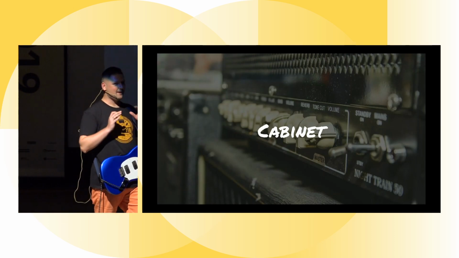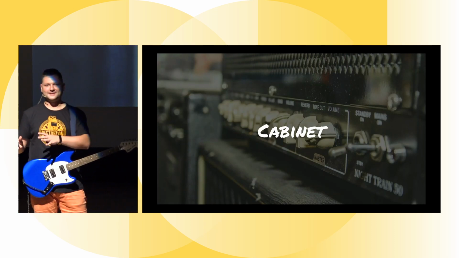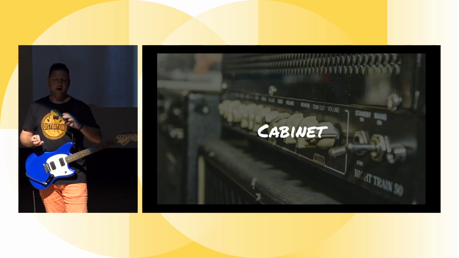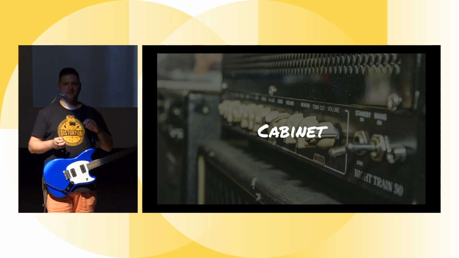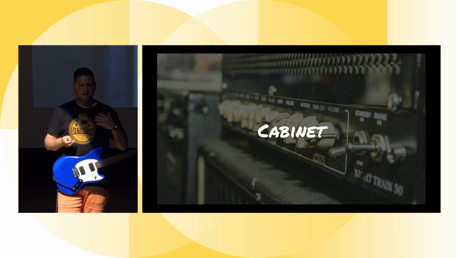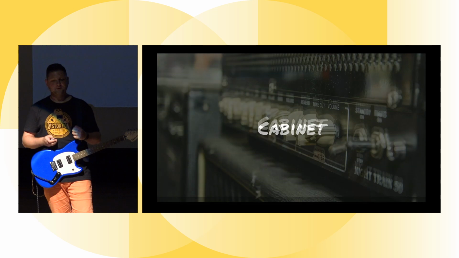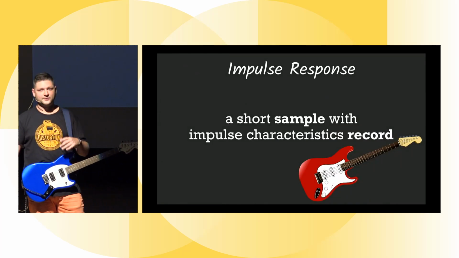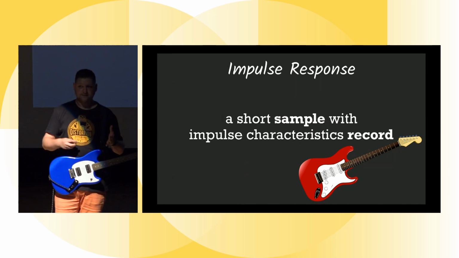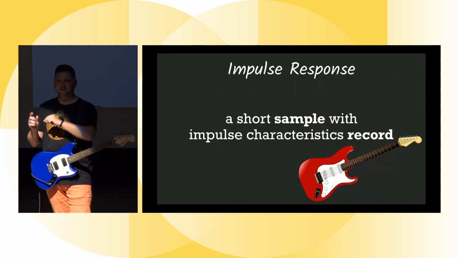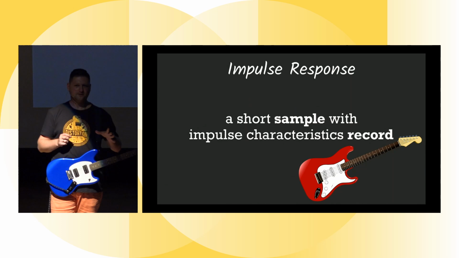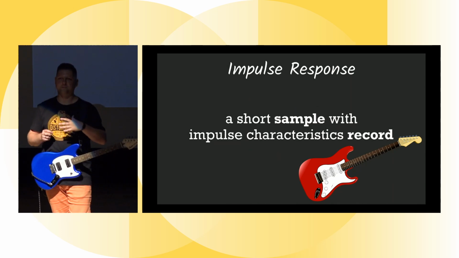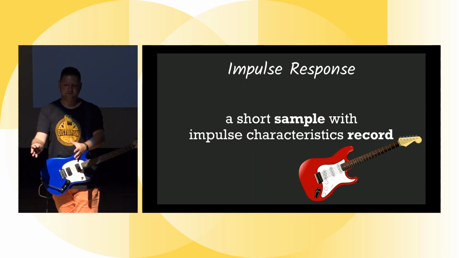Okay, but to make our sound closer to real devices, we would like to create some cabinet or amplifier simulation. And we can do it using a special thing called impulse response. What is an impulse response? It's a short sample containing just a few milliseconds of the sound of a real device, I mean a speaker of a guitar cabinet.